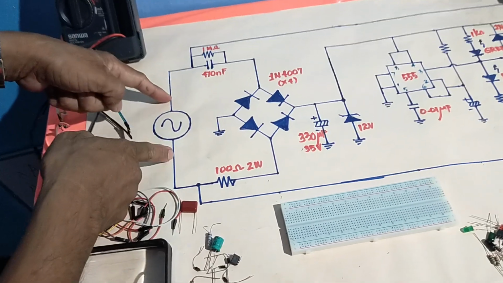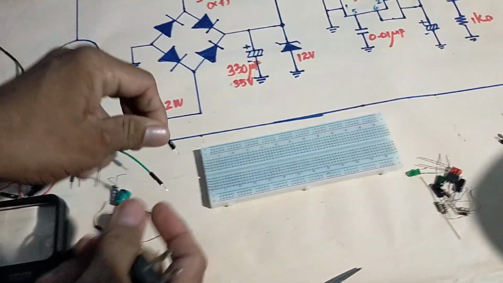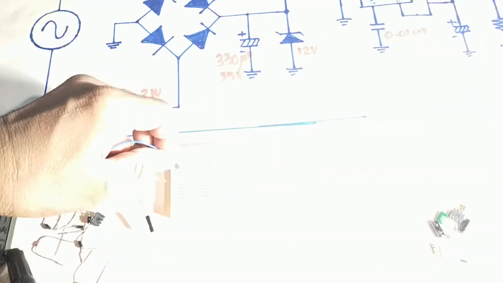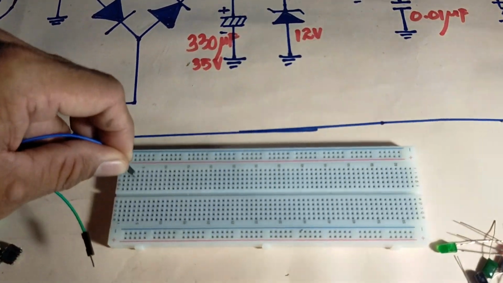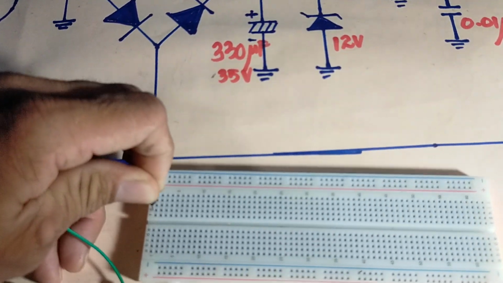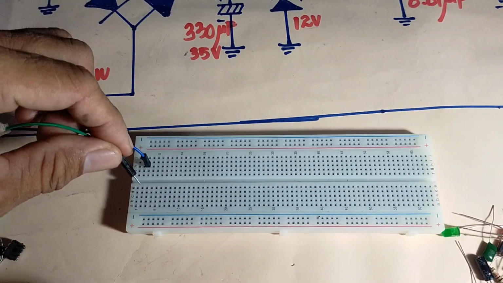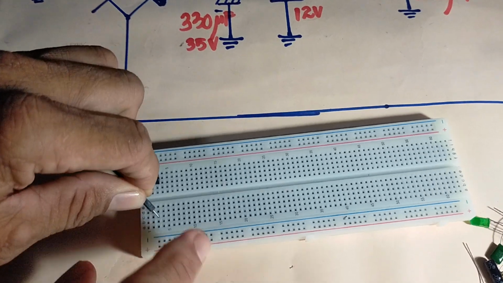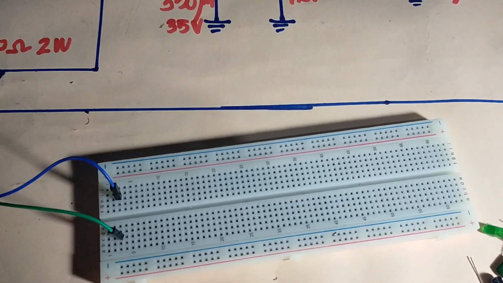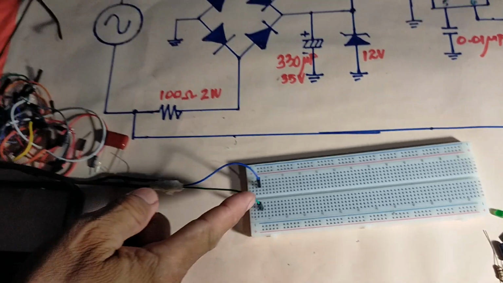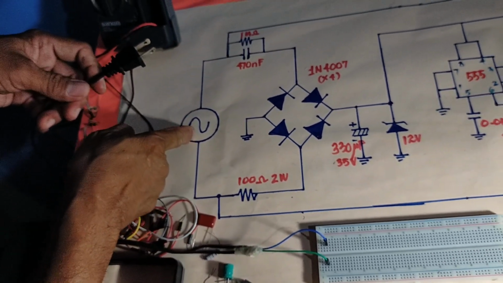We have here the 2 terminals. So insert these 2 terminals of the AC cord over here. This represents now the AC power line source.